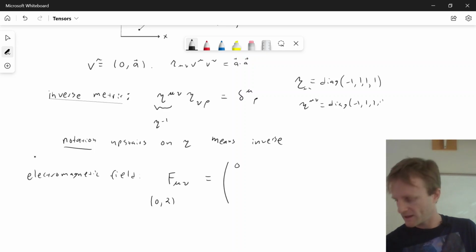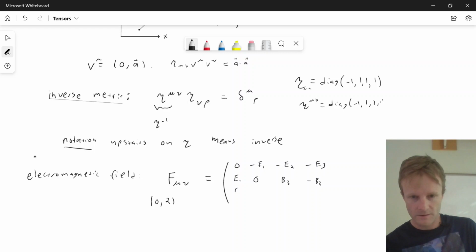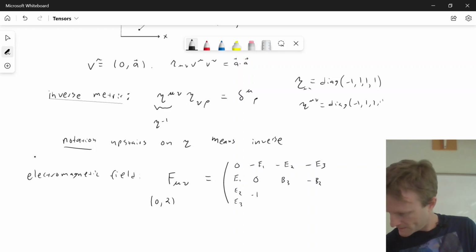I'm going to represent it as a matrix, a table of numbers: minus E1, minus E2, minus E3, E1, 0, B3, minus B2, and so on, with entries involving B1, B2 and B3.